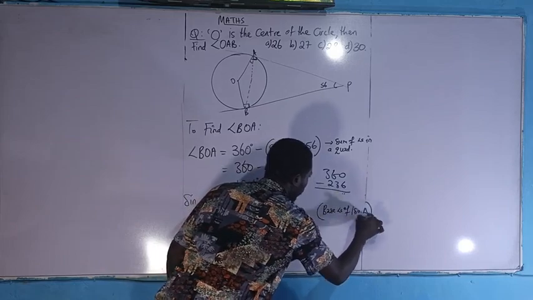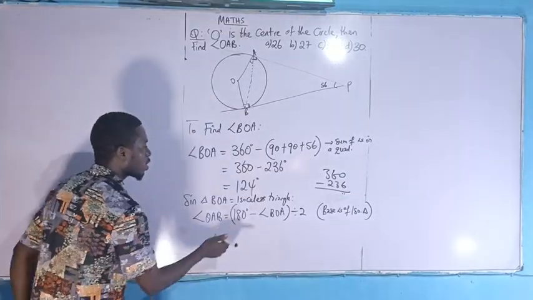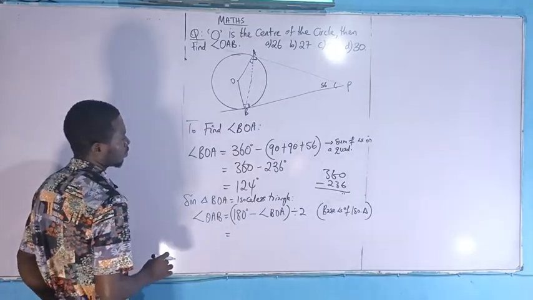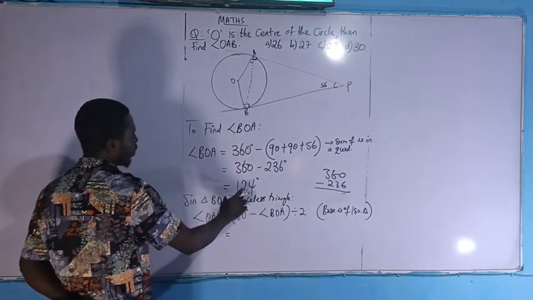Base angles of an isosceles triangle. So let's look at this. When we subtract this, this angle here is 124.